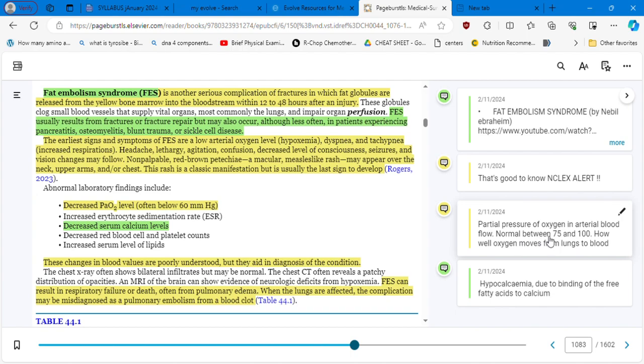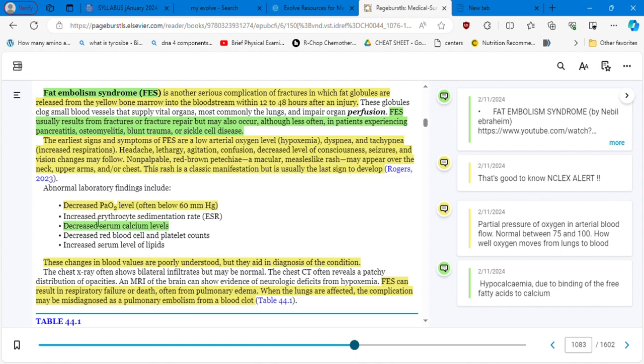The normal is between 75 and 100, and this means how well oxygen moves from lungs to the blood. That's the partial pressure of oxygen.